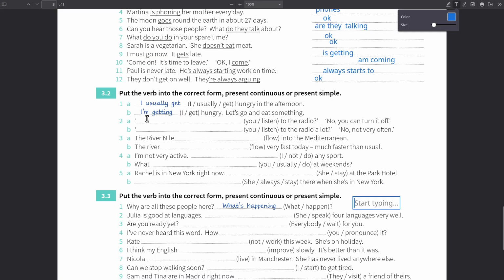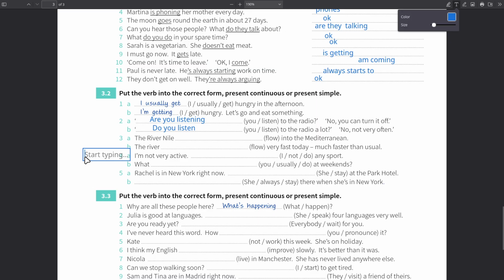I think the first one is a present continuous. Are you listening to the radio? And the second one is, do you listen to the radio a lot?